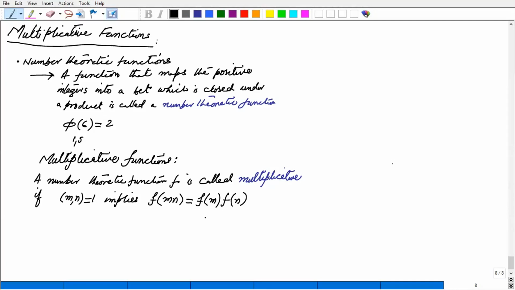So if we have this type of property in any number theoretic function, then that number theoretic function is multiplicative.